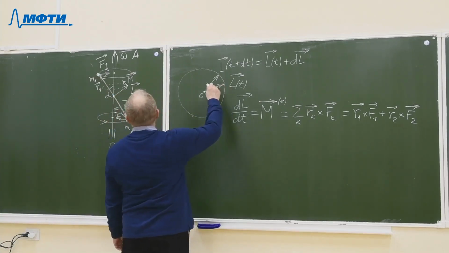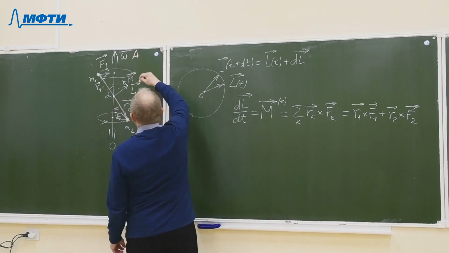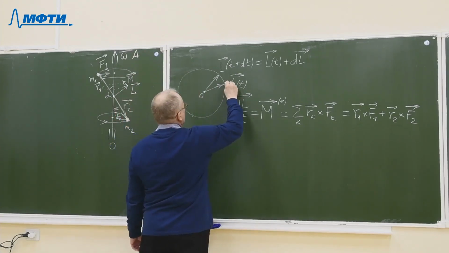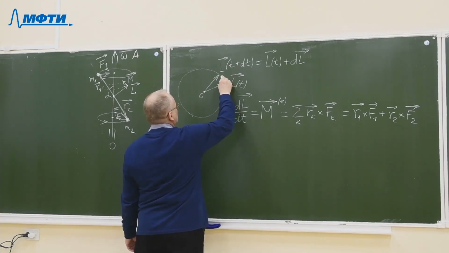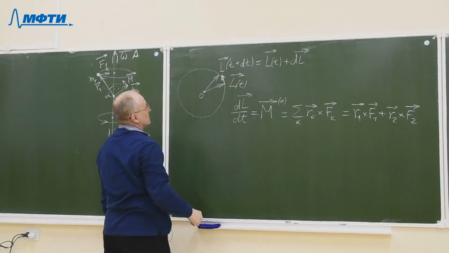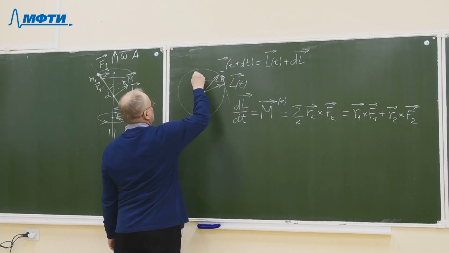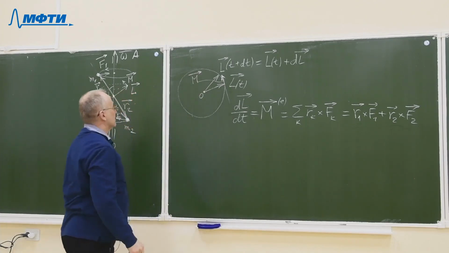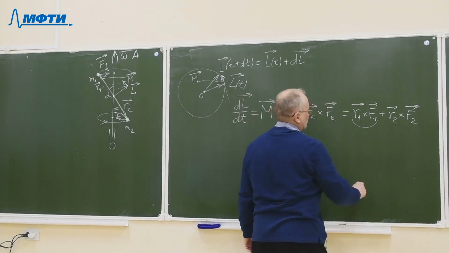On this picture, if we look from up downward, then this direction will be shown as perpendicular to vector L along the tangent line. So that will be the direction of vector M. So we have found the direction of the first term.